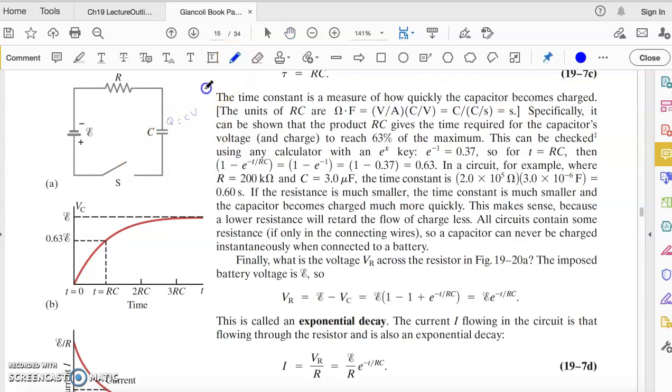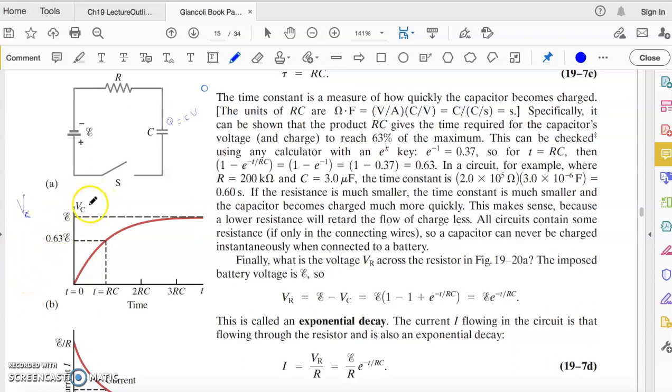So if I want to graph the charge on the capacitor, okay? If you see here, this is the voltage across the capacitor. You see V sub C. It's not V times C. It's V sub C. If you write it, you will write it like this.